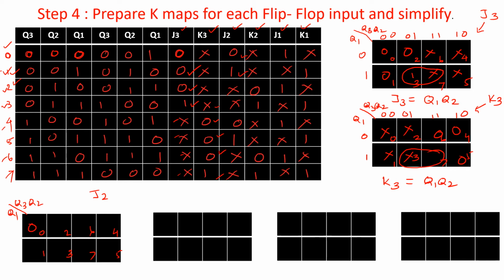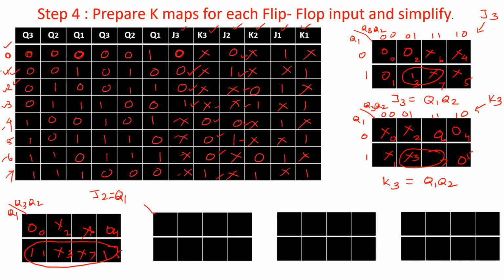This is 1 here. This is don't care. This is 0. This is 1. This is don't care. Now if you see it properly, here we can make a quad out of it. So J2 is equal to Q1.